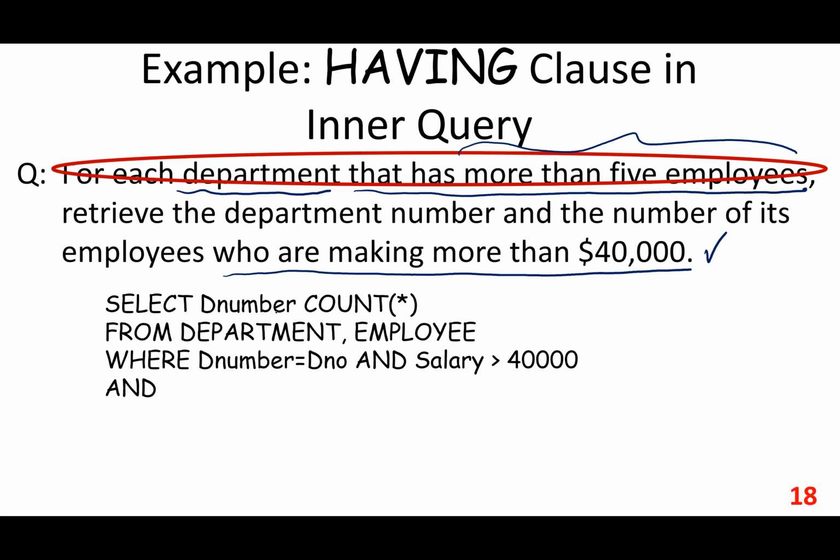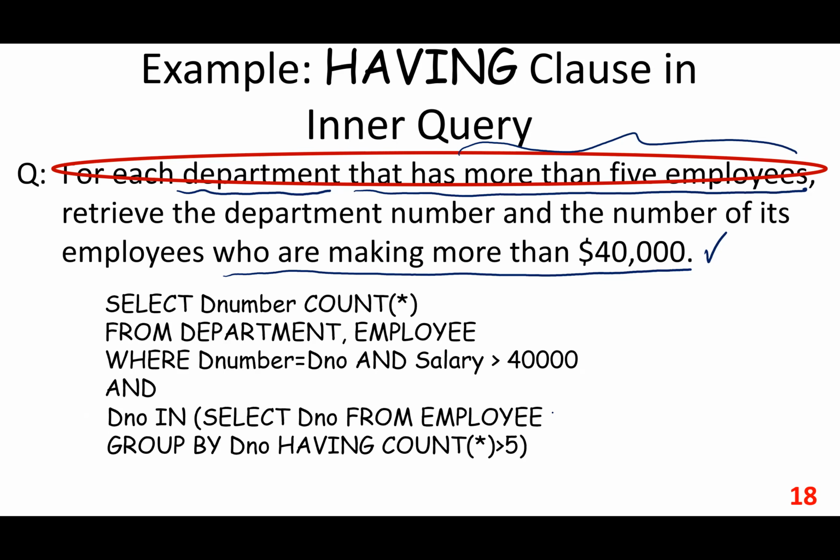All right. So here, department number, the number of employees. So join these two tables. The where. So here, having clause and department number. Here you can see department number in, so you can see this part. The groups having number of employees greater than 5.